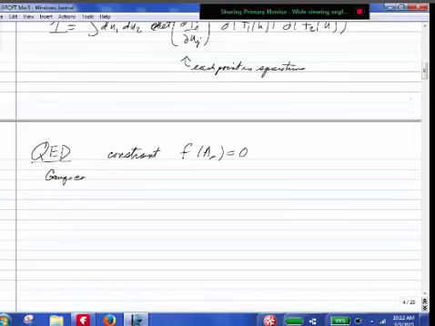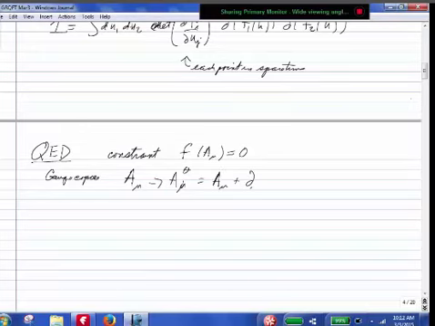Basically, what we're going to do is have the path integral, and we're going to want to imply some constraint. The constraint will be some f of A mu equals 0. Okay? There's a bunch of gauge copies then.